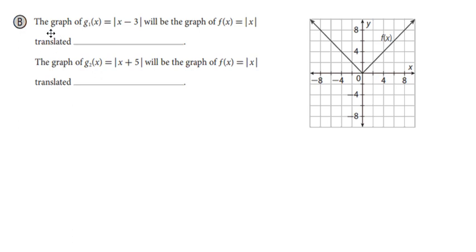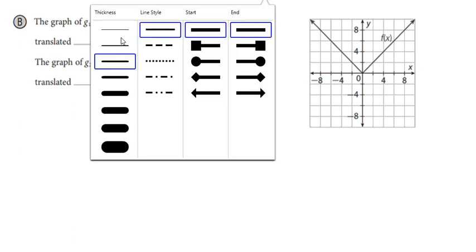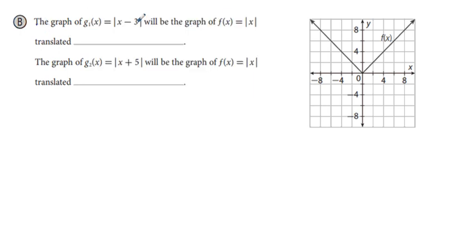The graph of g1 of x equals absolute value of the quantity x minus 3 will be the graph of f of x equals absolute value of x, what? Translated. Well, this is the x minus h form, and h is going to be shifting the graph of the function left or right.